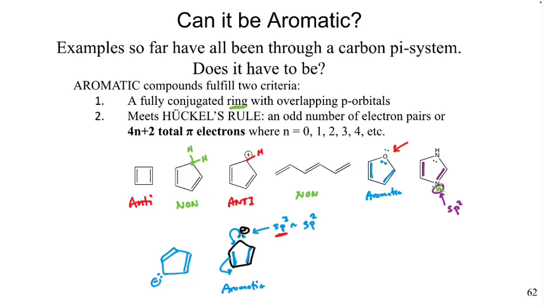Nope. What's the hybridization of the top one? sp3. Can I count the lone pair? Yes. How many electrons? 2. I think you're saying 2 because you're counting the lone pair. Yeah. Which gets us a total of 6 electrons, which puts us right back in that aromatic category.